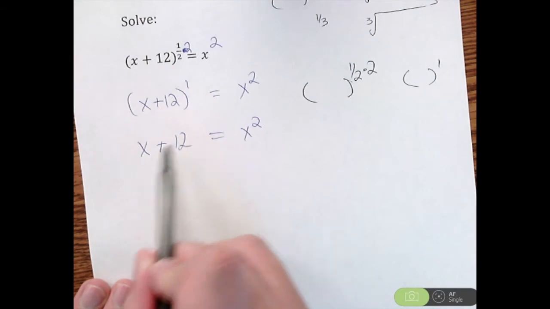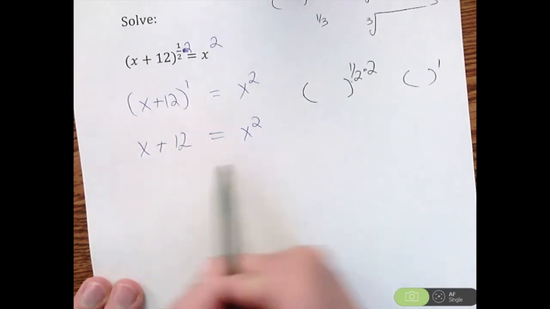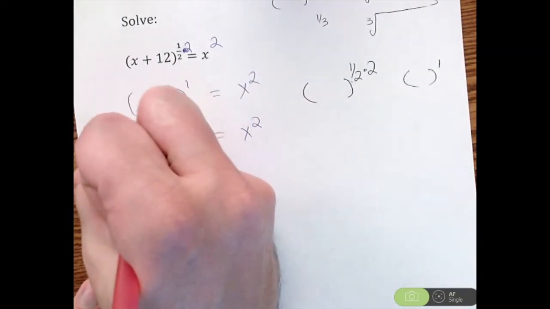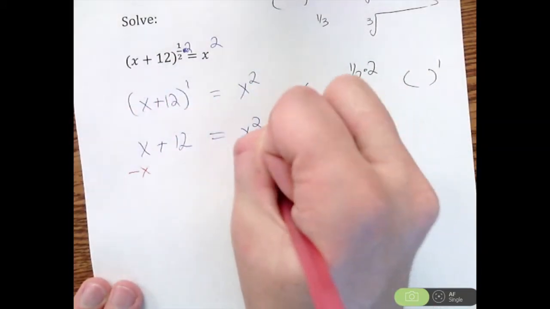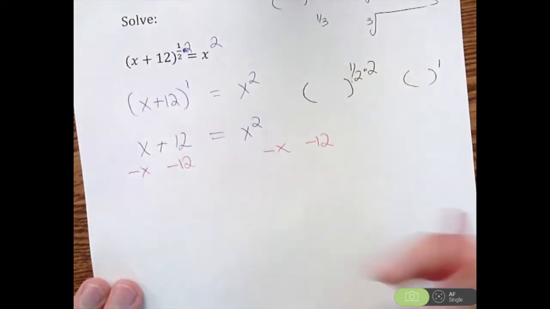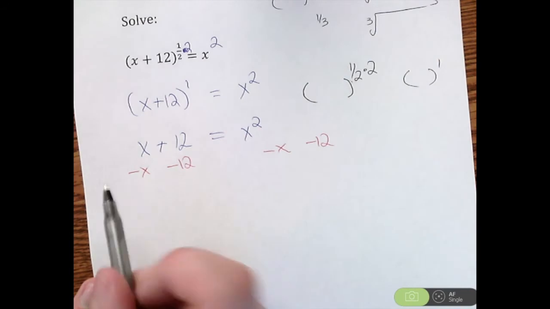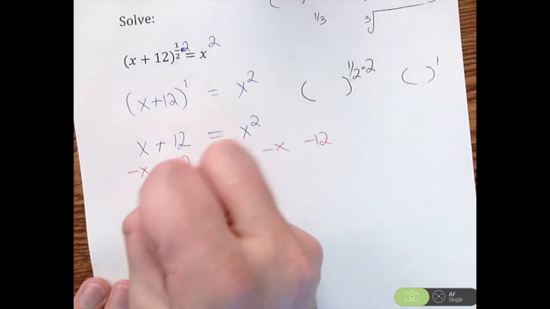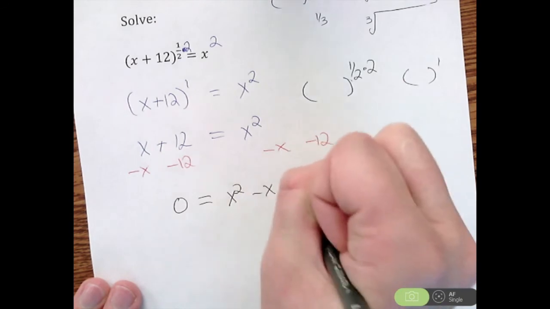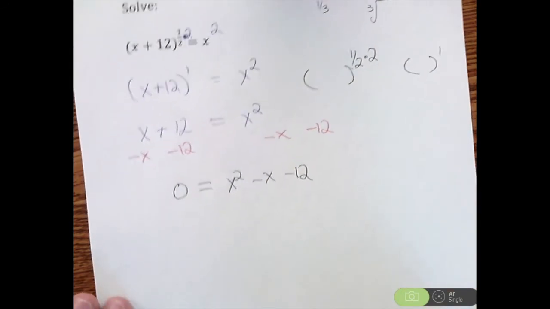So I'm going to move everything to the x squared side. I'm going to subtract the x from both sides, and subtract the 12 from both sides. I get 0 equals x squared minus x minus 12.